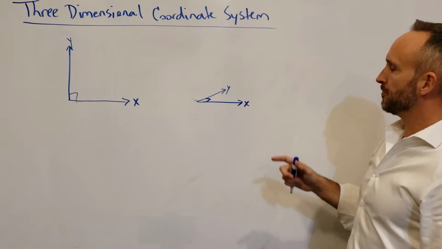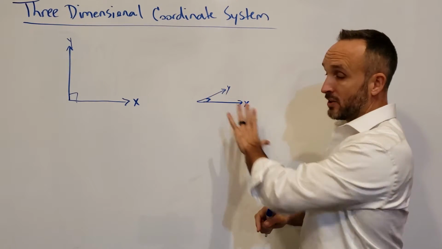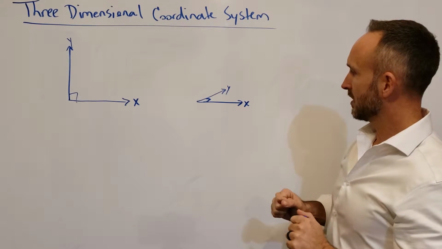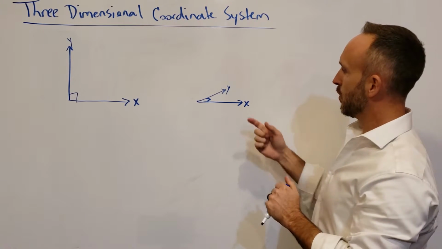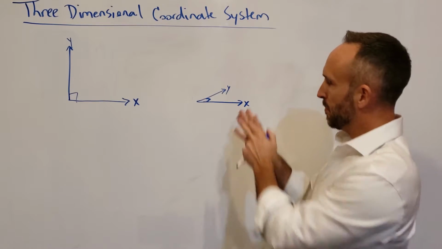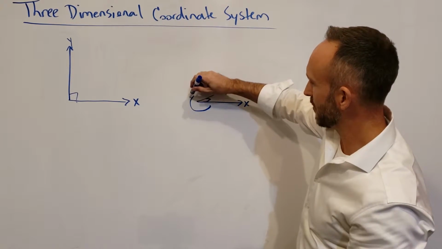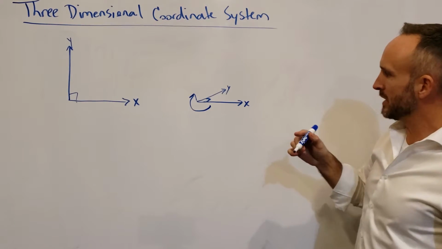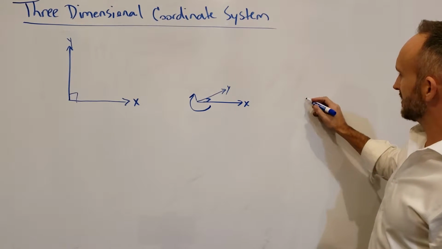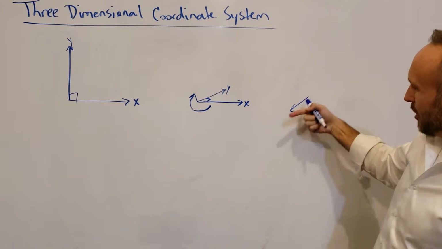Okay. Now it's fine the way it is, but it's common to not want the positive axis to point back into the wall. So what we'll do is we'll rotate this around so that now the positive x-axis is still laying flat on the floor, but it's pointing out of the board.